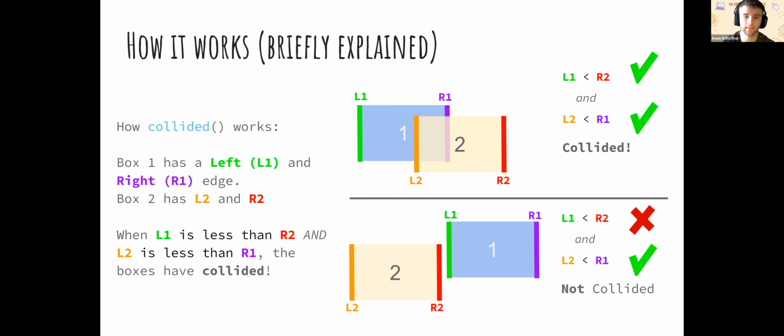So let's take a look at box 1 and box 2. They each have their left and their right side. Box 1 has L1 and R1, box 2 has L2 and R2.